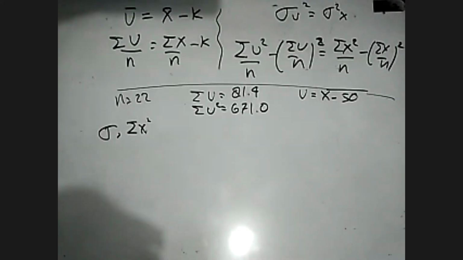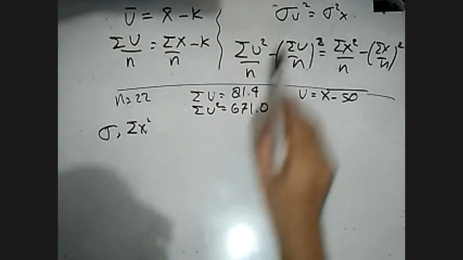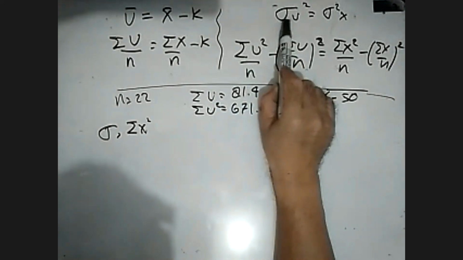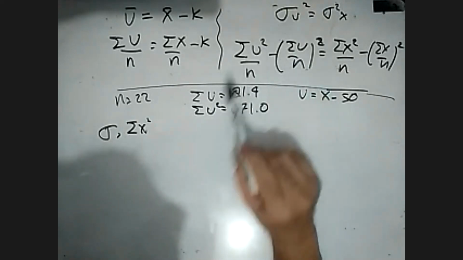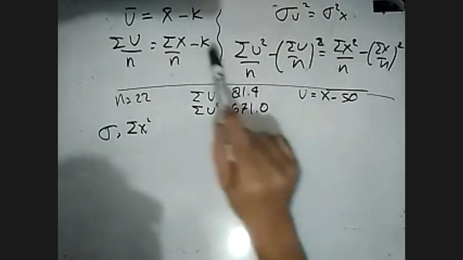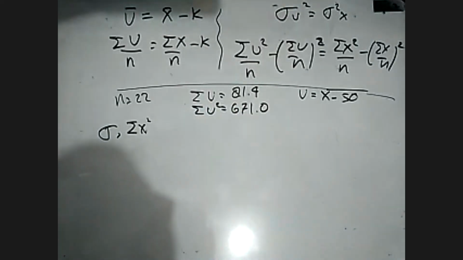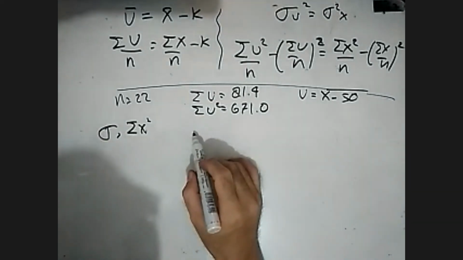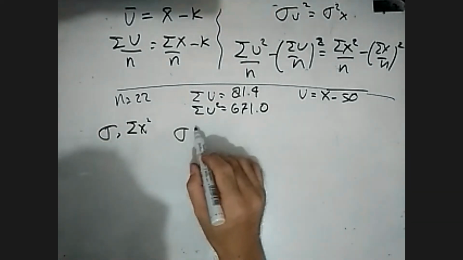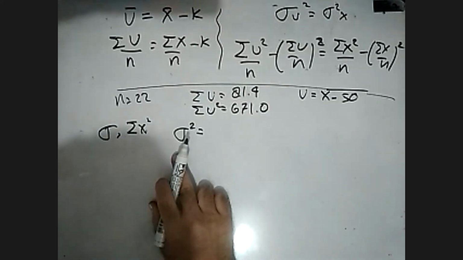For the variance, because we have these two here, we can find the variance of u. The three data we need: sum of the u squared is already here, sum of the u is already there, and n is already given, n is 22. All data is available, so we can find the standard deviation. Before that, calculate the variance first.